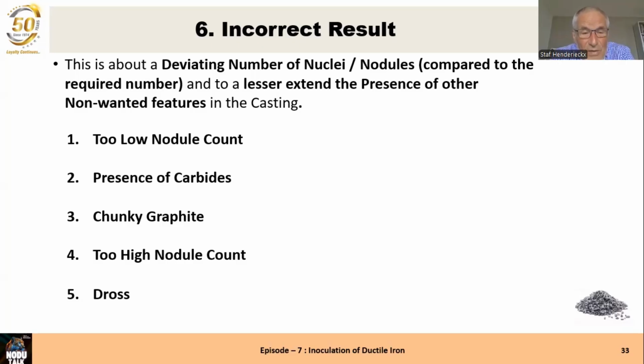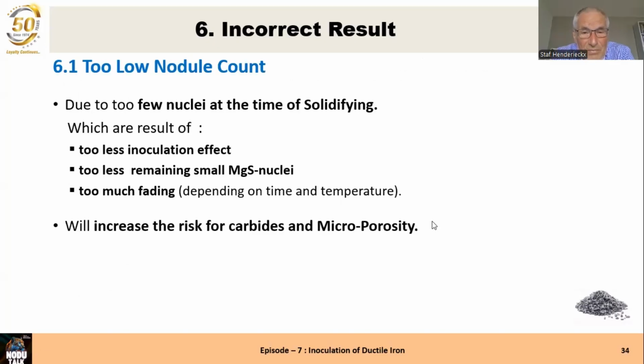Now let's go one by one in more detail. Too low nodule count. That means there were too few nuclei at the time of solidifying, which is the result of less inoculation effect at the time of solidifying, less remaining small magnesium sulfur nuclei.